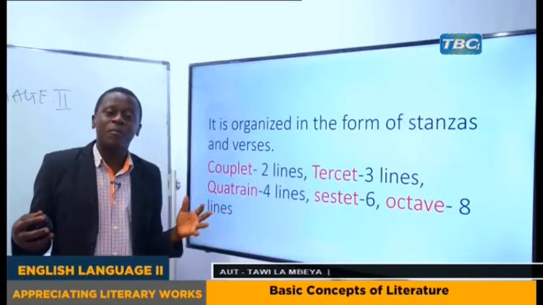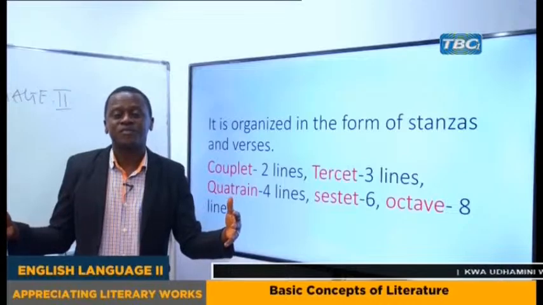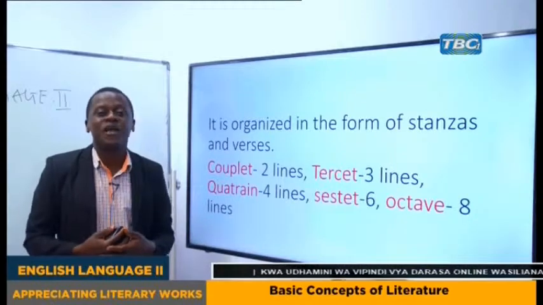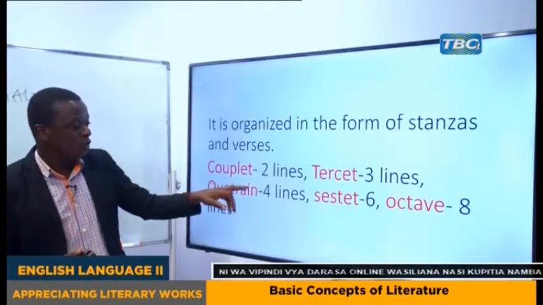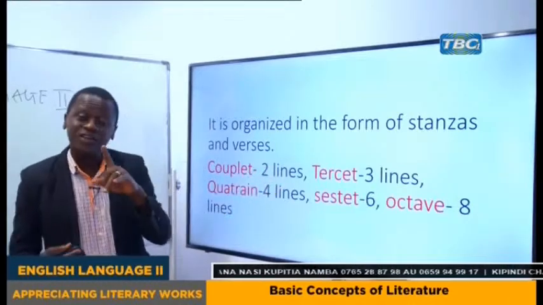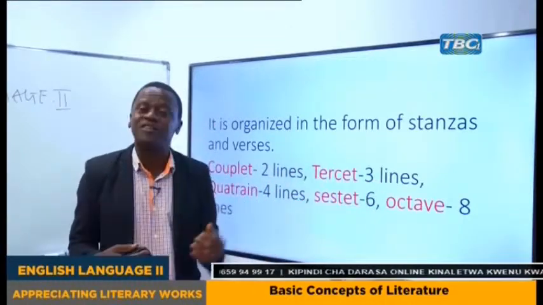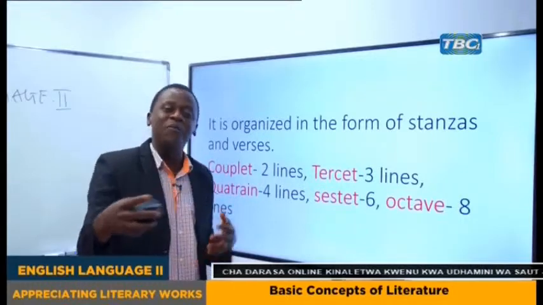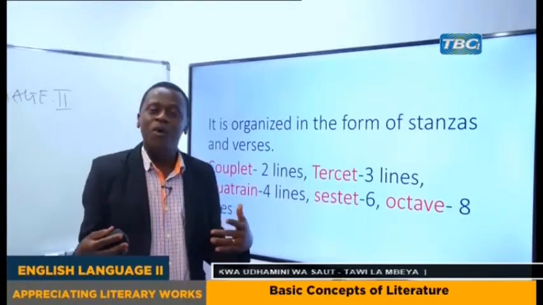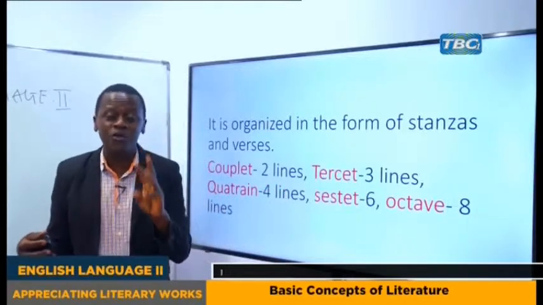Now, a poet may compose a poem with several stanzas, and each stanza may have a different number of verses. If a stanza contains 2 lines or 2 verses, the stanza is called a couplet. Again, if a stanza contains 3 lines or verses, it's a tercet. And if I ask you, can you give an example of a poem which has stanzas and each stanza contains 3 verses?